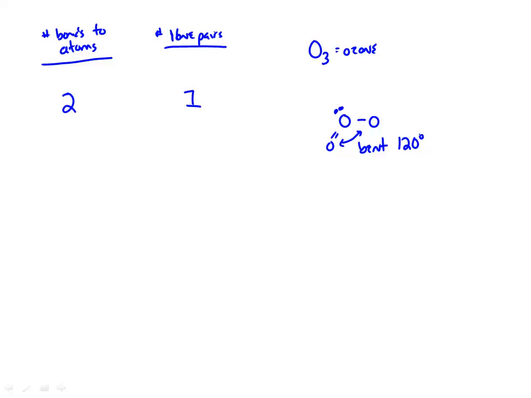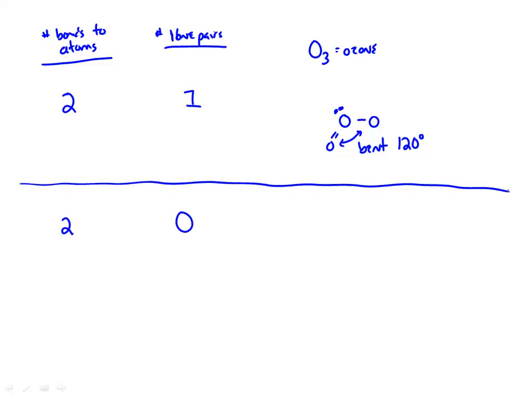And then, of course, if I take this and drop off 1 more, do I have a shape anymore? No, because we have to have at least 2 bonds to atoms. So the last one we're going to talk about is if I have 2 bonds to atoms and no lone pairs. So this is kind of like a new family. The classic example of this is carbon dioxide.